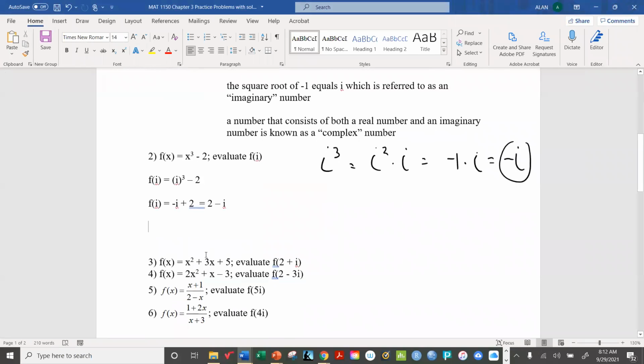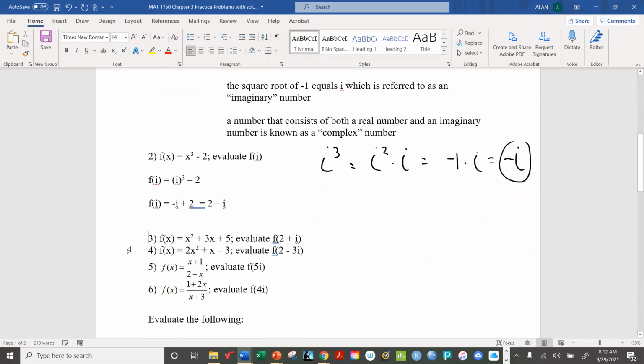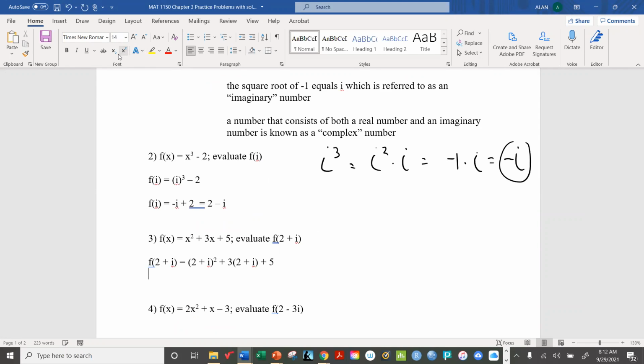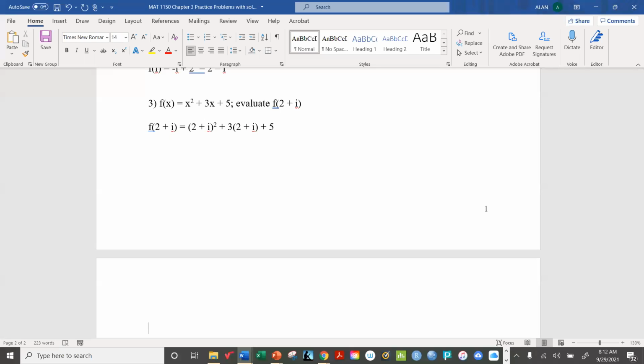All right, now these are going to get a little messier. Here we have f(2 plus i). This is where it's going to be a bit messy. We're going to have to use FOIL to evaluate that, and then use the distributive property of multiplication over addition for the second term. So let's do this first.